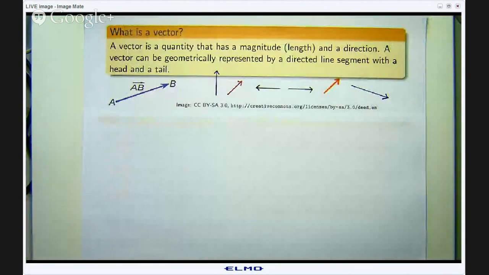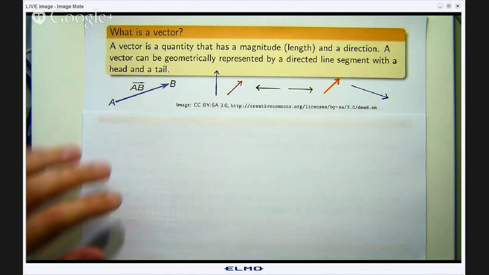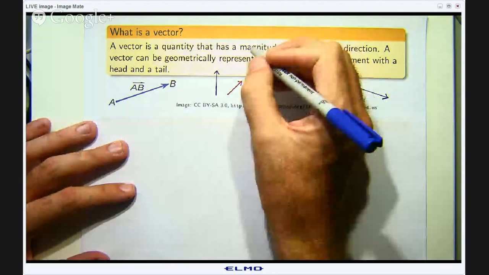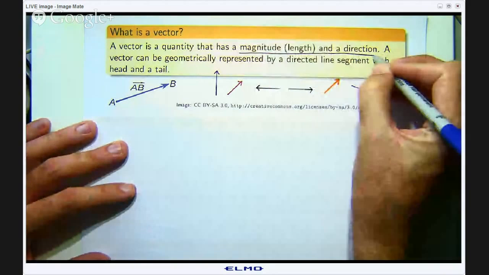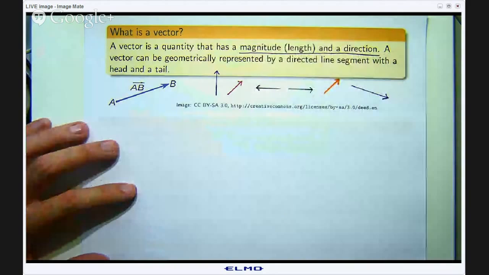So now we get to the completely elementary part of this presentation. What is a vector? Well, I'm glad you asked. A vector is a quantity that has magnitude and direction.